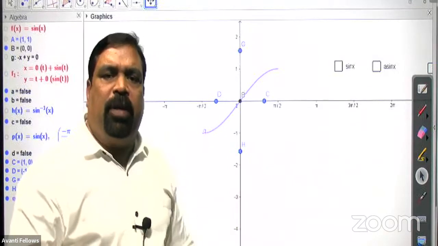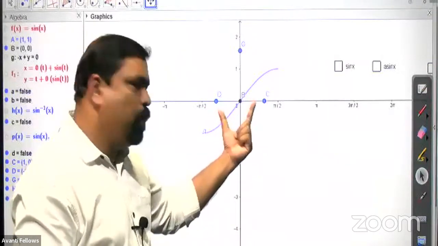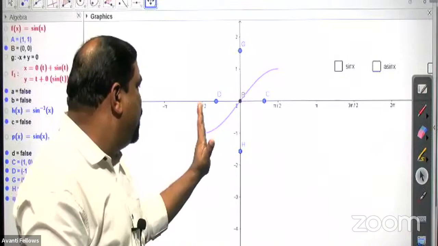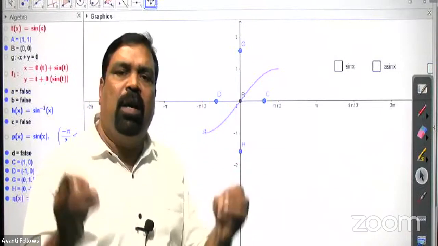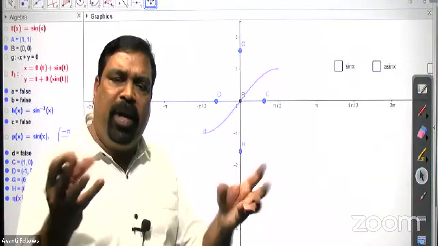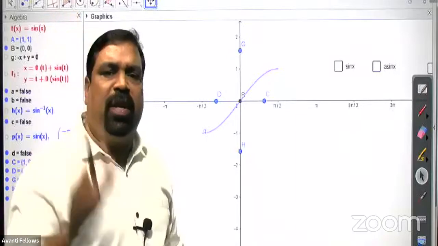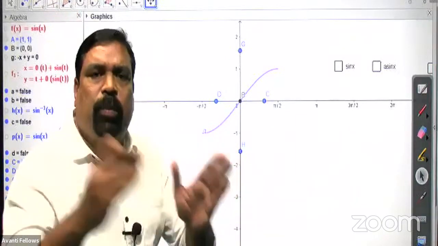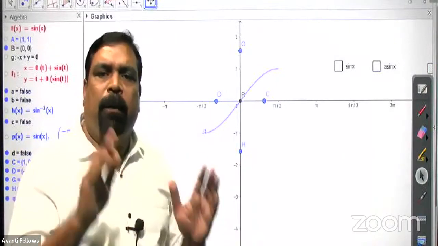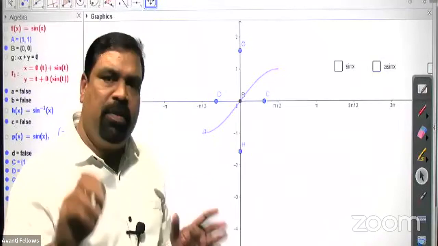But we choose this interval because it is very close to the origin, 0. And this interval, minus pi by 2 to plus pi by 2, has a special name: it is known as the principal value branch of the sine inverse function.